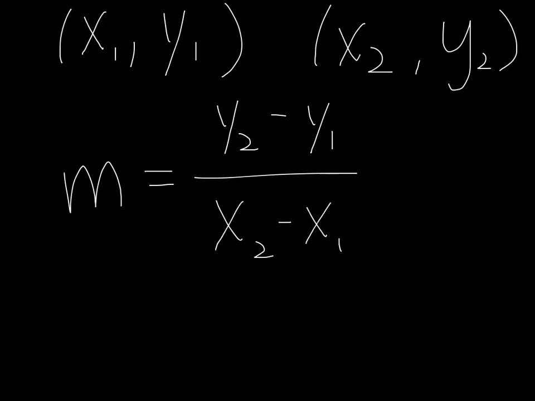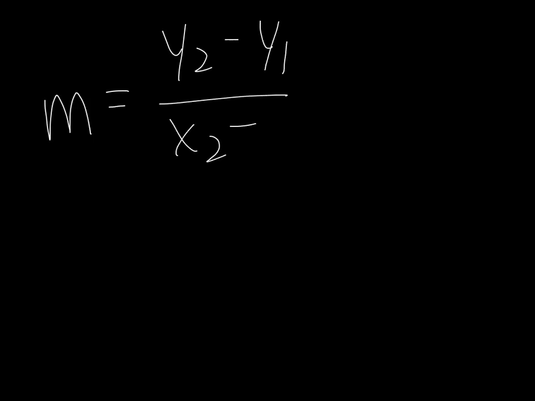It doesn't really matter which point is which, since you'll get the same slope. Now, this equation only works if x sub 1 does not equal x sub 2, since if they were equal, the bottom would equal 0 and would be undefined.